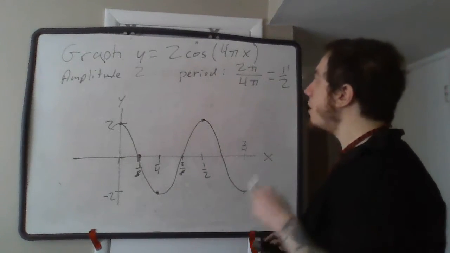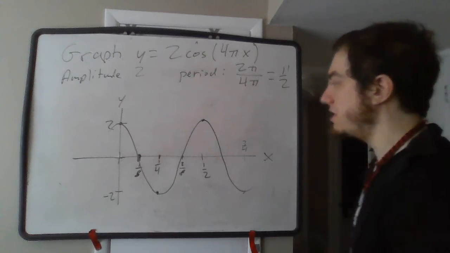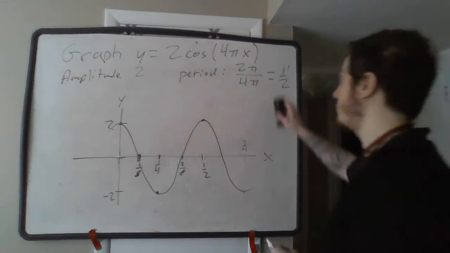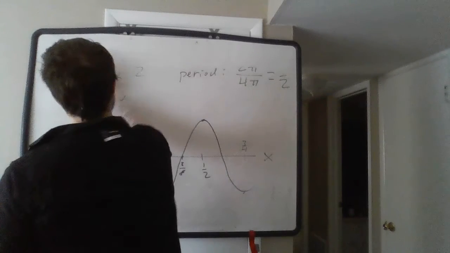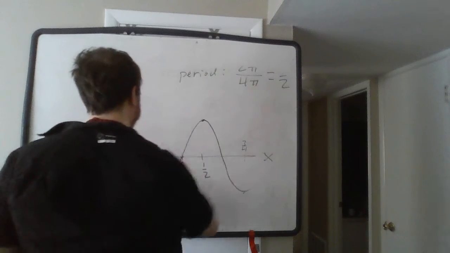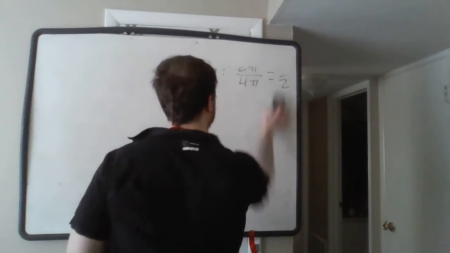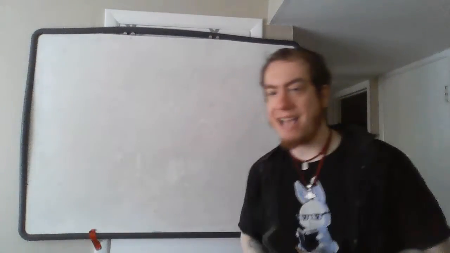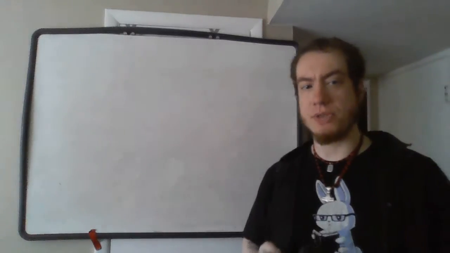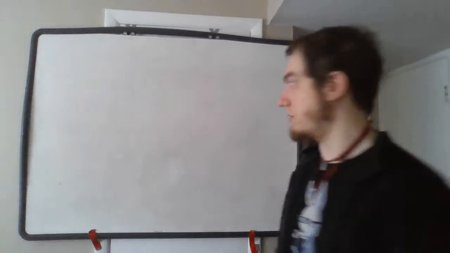Now, there are two other things that we could potentially do to these functions in order to shift them around. So we can add a constant at the end, and we can add a constant inside the function itself. Adding a constant at the end is probably the easier thing to deal with, so let's take a look at that first.